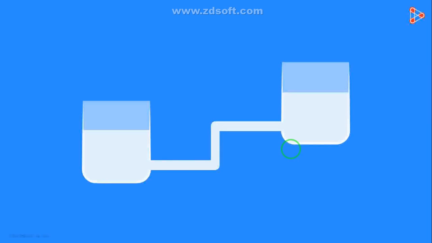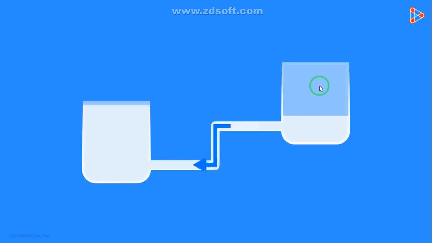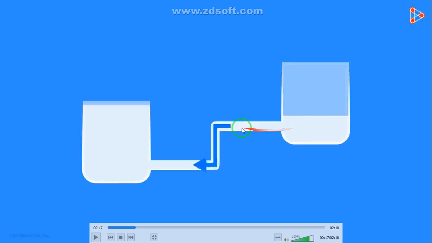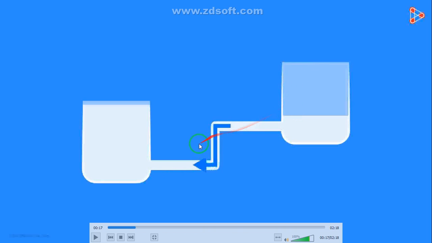When I place the container like this, the water flows from the first container to the other one because of the height difference. The container at the higher position lets the water flow to the lower one, as shown with that arrow.